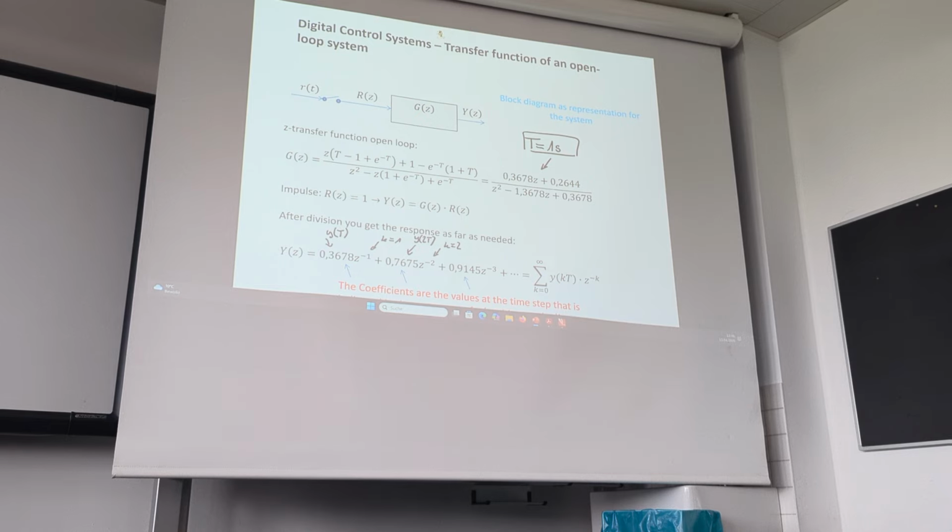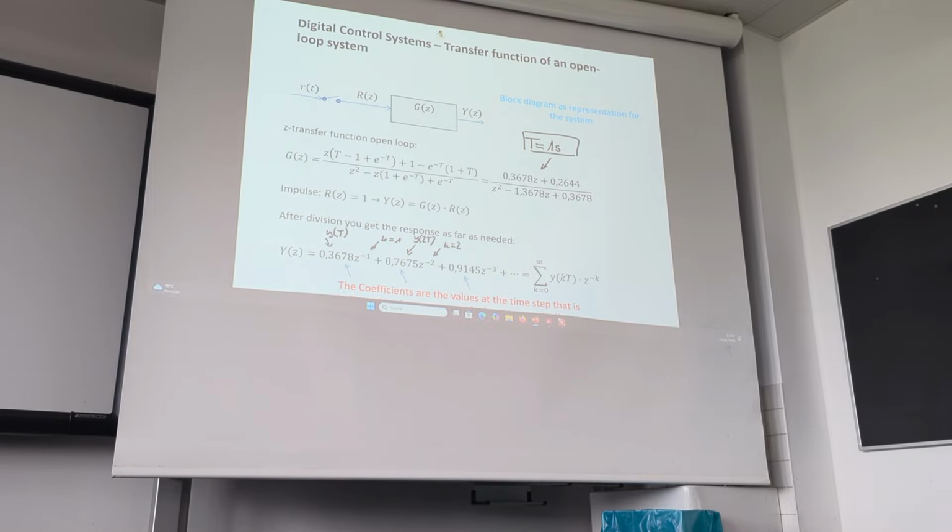So in the end, you calculate your z transform for your transfer function, and the same applies to your input signal. Your input signal is also a sequence of values. And then you multiply the transfer function with the input, which is your output in the z domain.